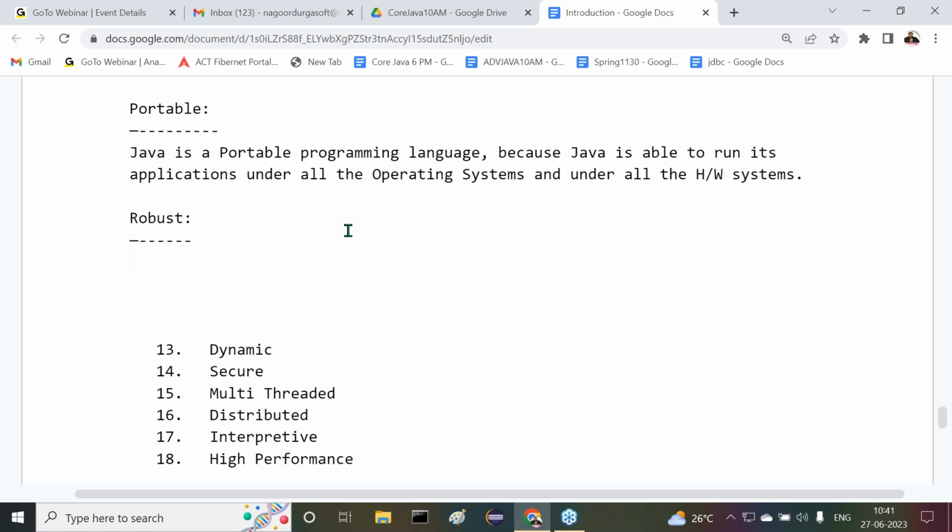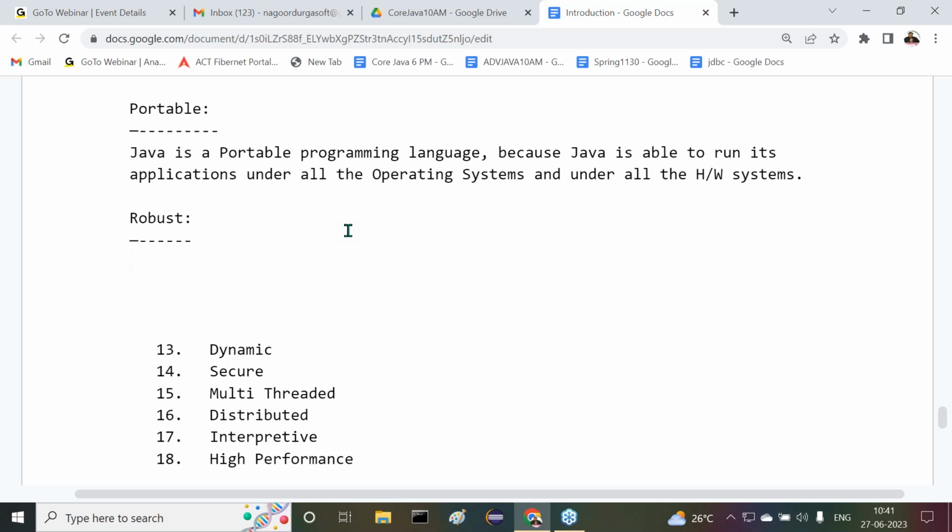There is a chance of memory wastage in the case of static memory allocation. But in the case of dynamic memory allocation, only on demand memory will be allocated. If your application requires memory, memory will be allocated. If your application doesn't require memory, memory will not be allocated.